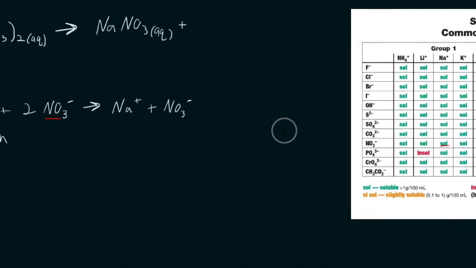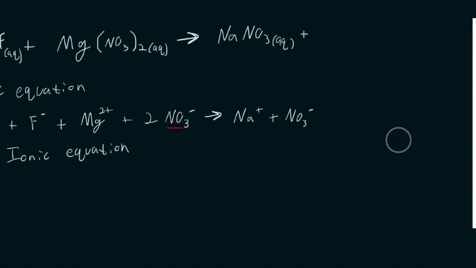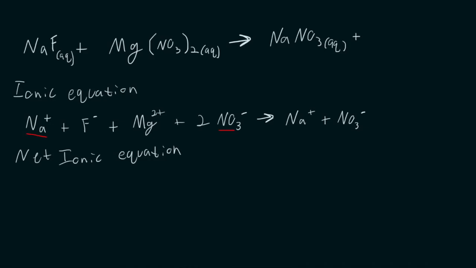And so that means it's going to form a solid compound. And so I can write that in. Magnesium, Mg, and F, and that's going to be F2 because there is 1 minus here. That's going to be solid. Great. And so then I'm going to add that to my ionic equation because MgF2, that's going to be solid. It's not going to be an ion.